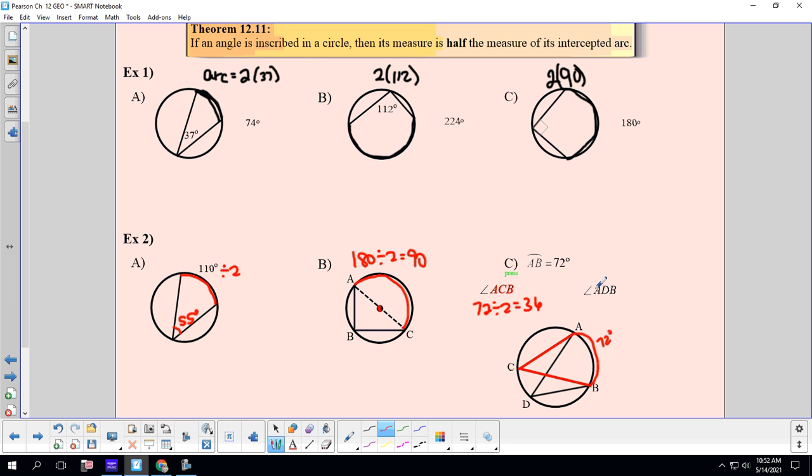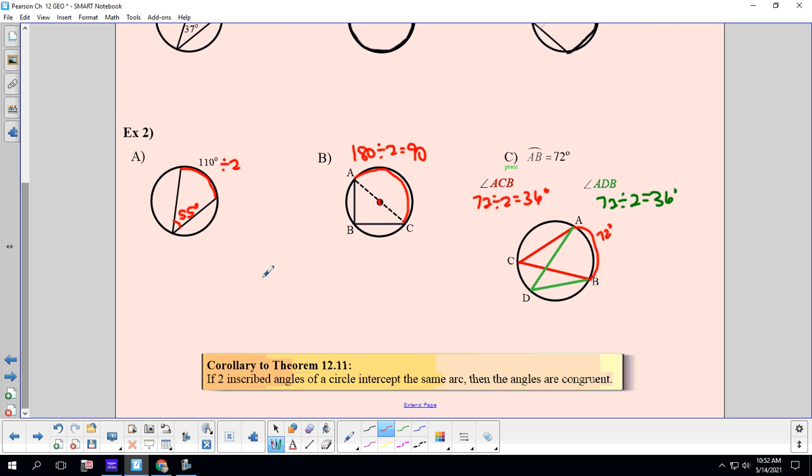Now what is angle ADB? Let's see, this line also intersects the arc of 72. So it is also 72 divided by 2, or 36. How interesting, huh?